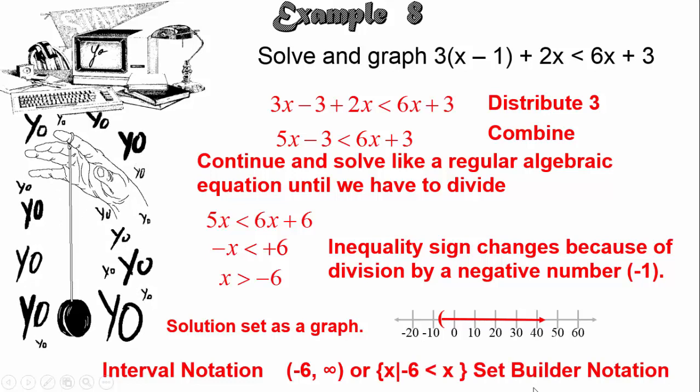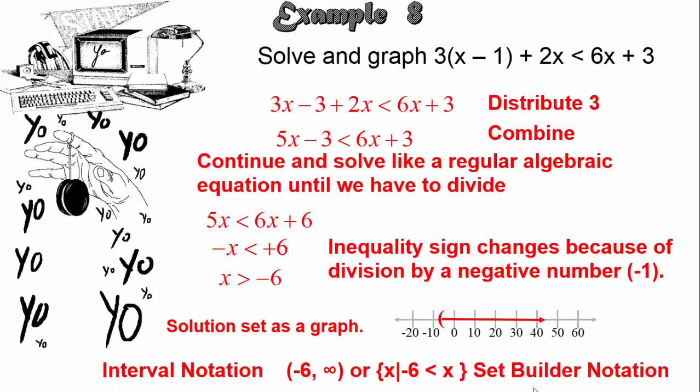In interval notation, we write round bracket, negative 6, positive infinity, closed round bracket, or in set builder notation, we write curly bracket x, where negative 6 is less than x, and then we close with a curly bracket.